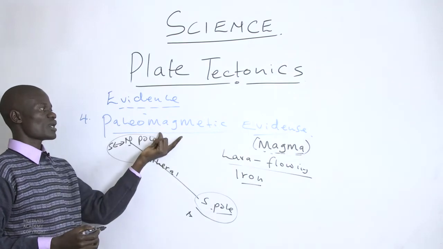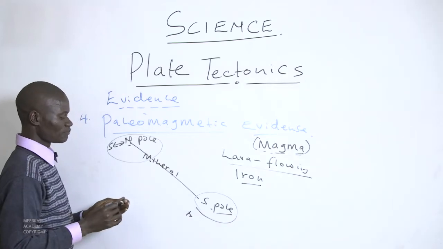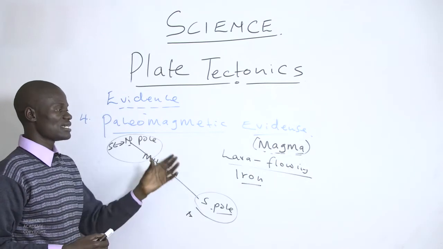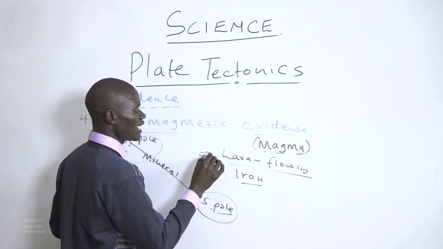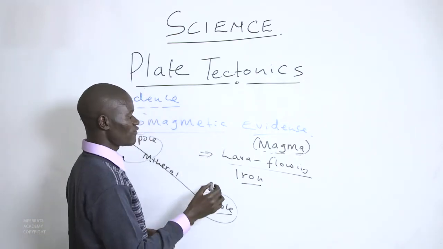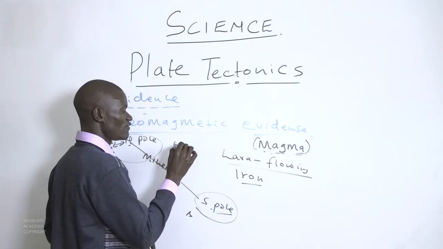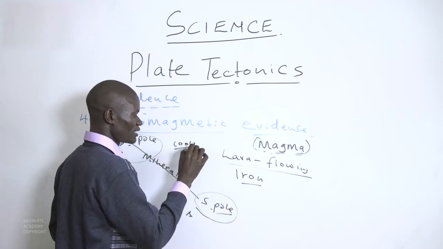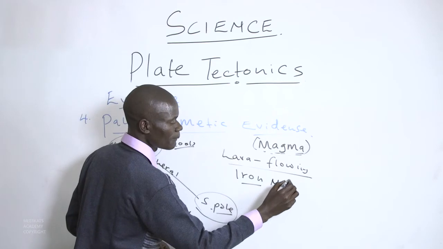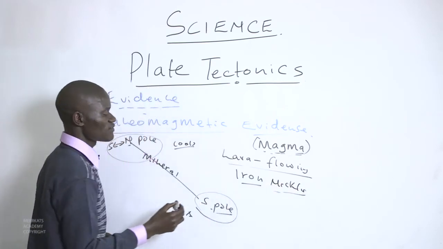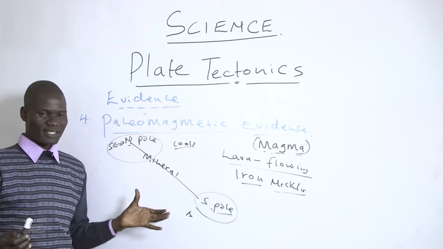This is what we refer to as paleomagnetic evidence, and it has been proven that even when there is a volcanic eruption, when magma extrudes into the crust or rocks, when it cools and solidifies, the mineral content such as iron and nickel align themselves to the magnetic field of the earth.